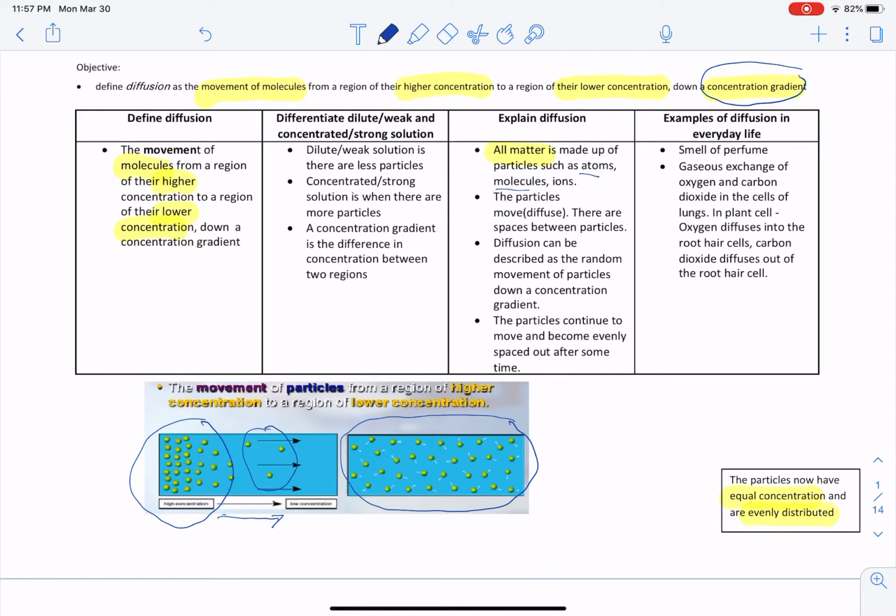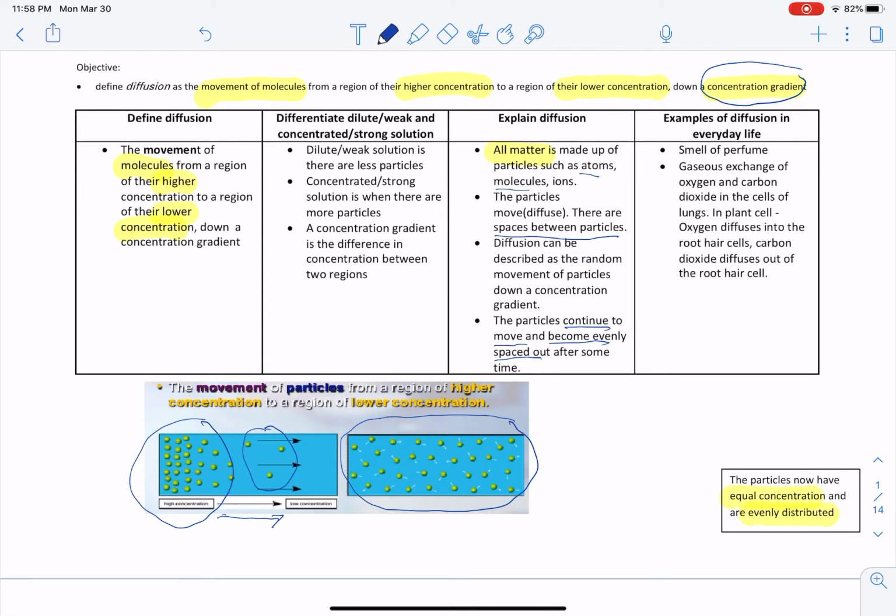These particles move, and there are spaces between the particles. Because there are spaces between the particles, it's easier for the particles to move in between the spaces. So the particles continue to move and become evenly spaced out, evenly distributed, after some time.